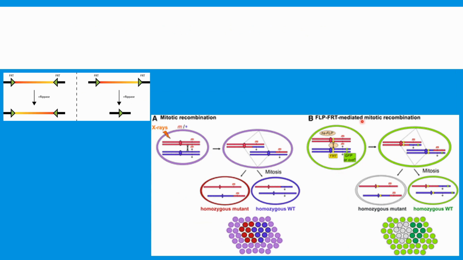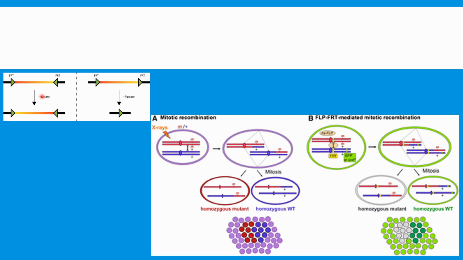An example of this type of crossing is given here with GFP as a marker. And here we have again X-ray induced mitotic recombination. So you can have a look at this. We can discuss it as well in the Zoom meeting if it's not clear.